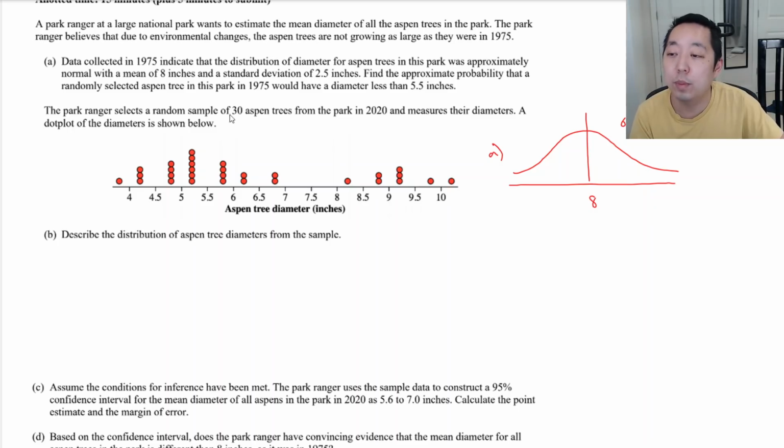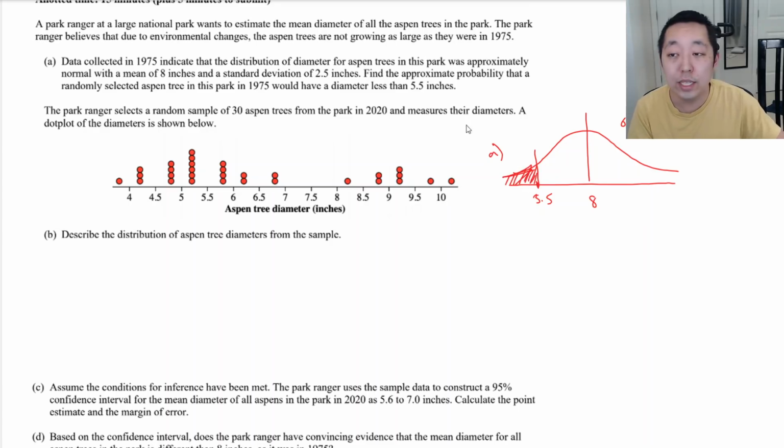They want the probability that a randomly selected aspen tree in the park would have a diameter less than 5.5. That means you go on the x-axis, or the z-axis technically, and go to 5.5. We'll just put it about there. It doesn't have to be to scale, it's just to illustrate. I want the probability that it is less than 5.5, so I would calculate this area here.